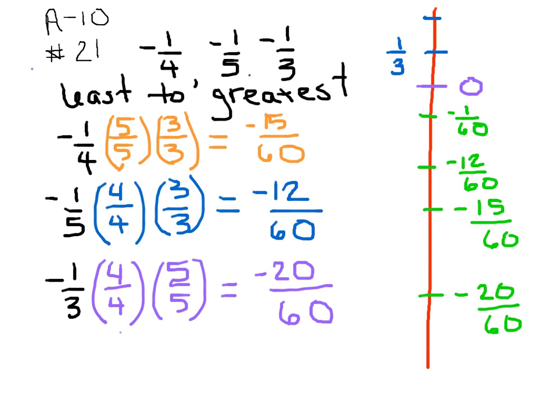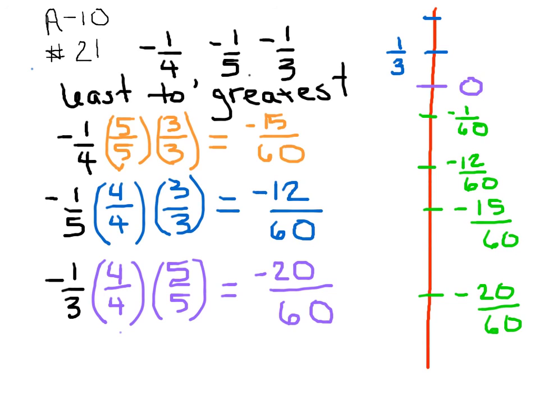Okay, and just like we said before, we know that 0 is greater than negative 1/60th because 0 is above it, right? And we know 1/3 is greater than 0 because 1/3 is above it. So I'm going to look at where they fall here.